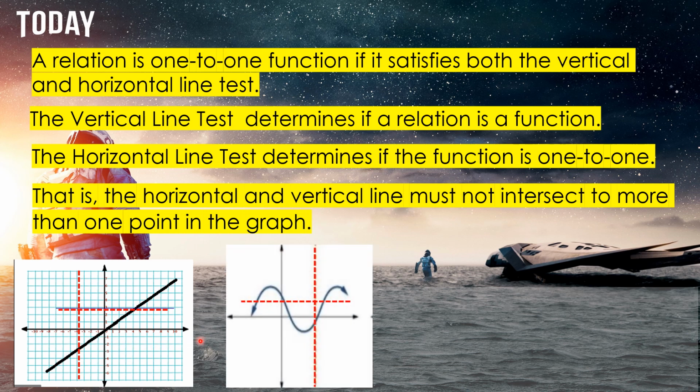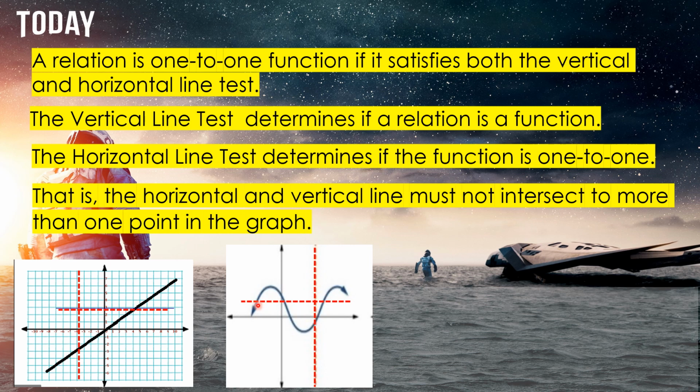Second figure, our vertical line intersects only one point of our graph. Therefore, we can say it is a function. On the other hand, our horizontal line intersects more than one point of our graph.